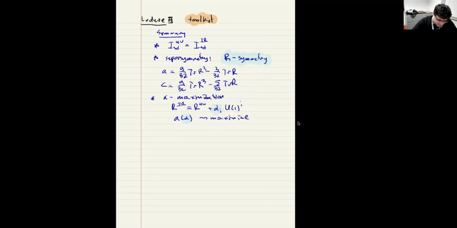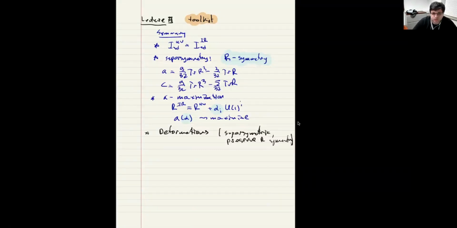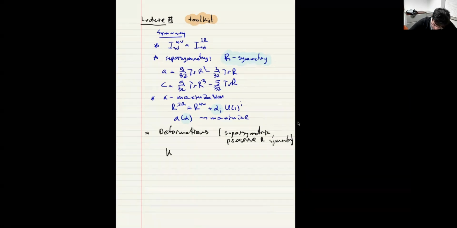Next, what we discussed is deformations. The deformations that we discussed are supersymmetric and preserve our symmetry. These will be the only deformations that we will discuss, as this will give us the tools to deduce something about the IR dynamics. There were 2 types of deformations we discussed.